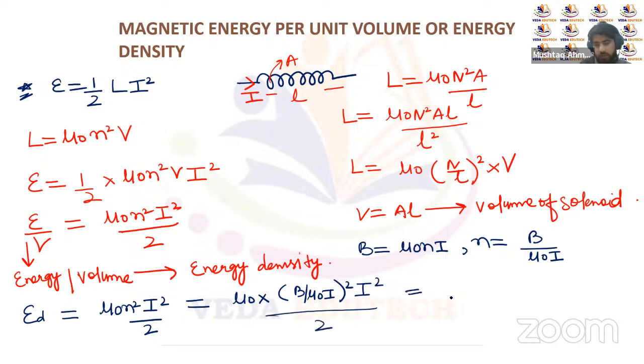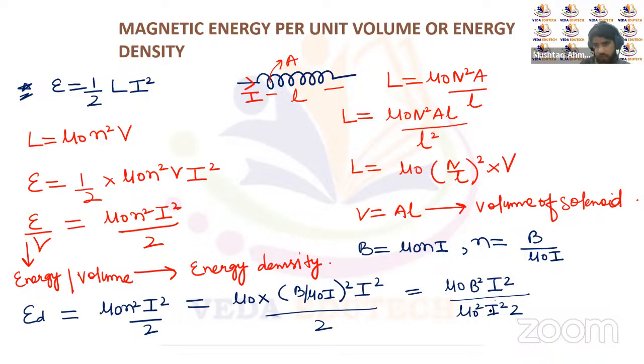So from here we get mu naught B square I square upon mu naught square I square into 2.